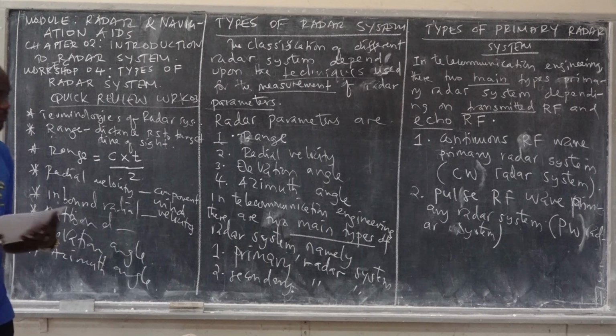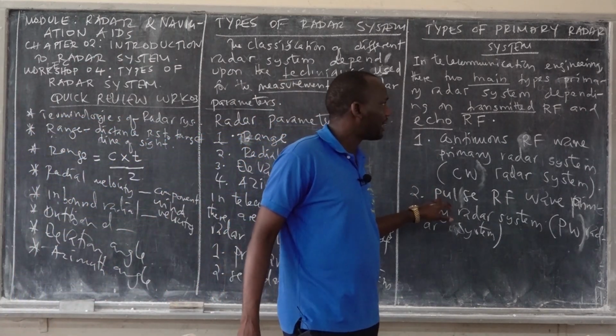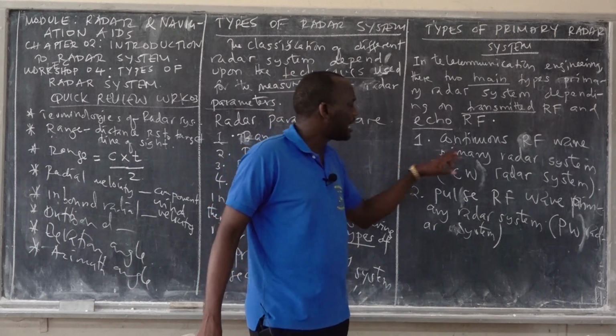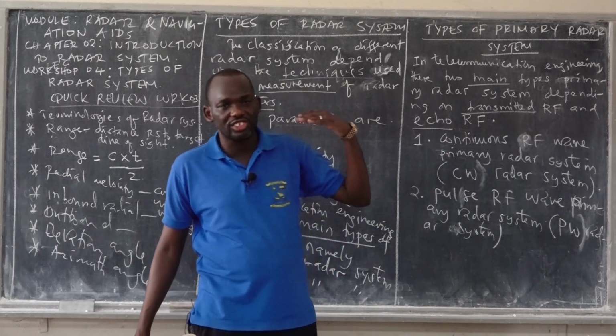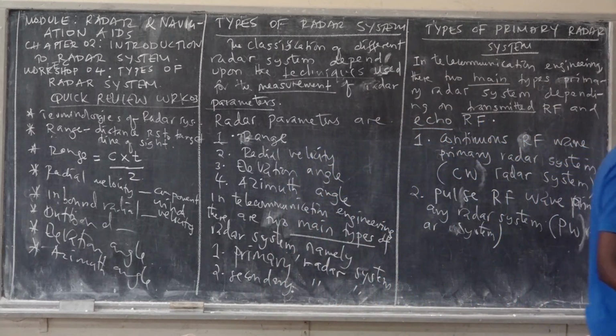So the main difference between these types of primary radar system is that the radar system will be sending continuous radio frequency. In the second type, the radar system will be sending pulses. Say pulse.